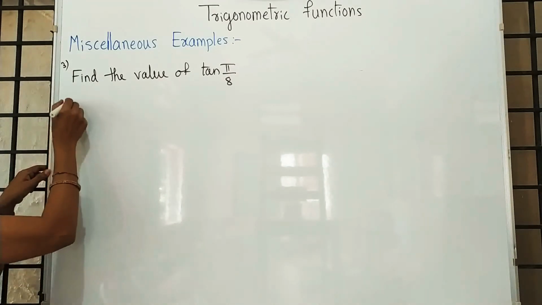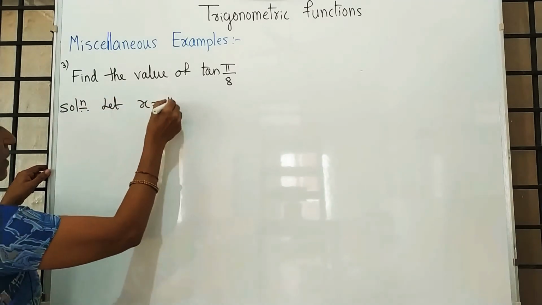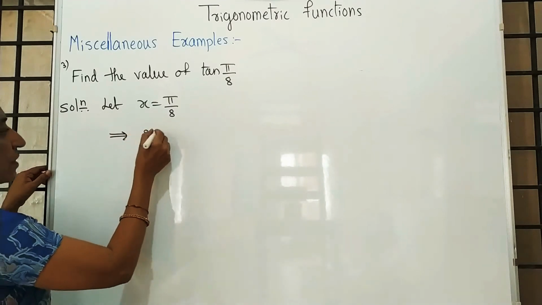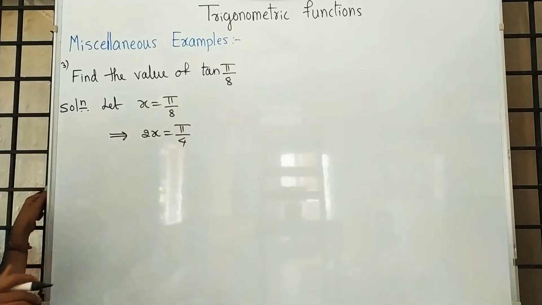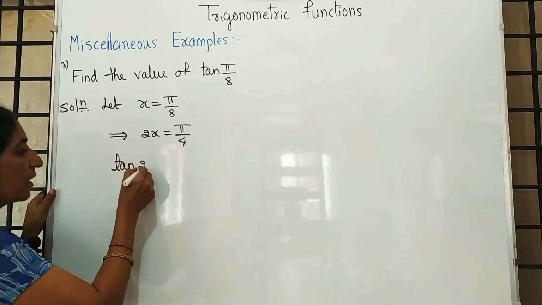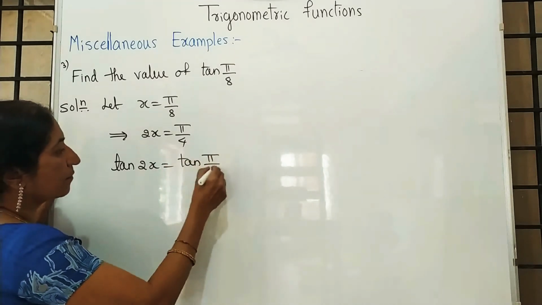Read on the solution. Let us take x is equal to pi by 8. Implies 2x is equal to pi by 4. I am multiplying both the sides by 2. Now take tan on both the sides. Tan 2x is equal to tan pi by 4.